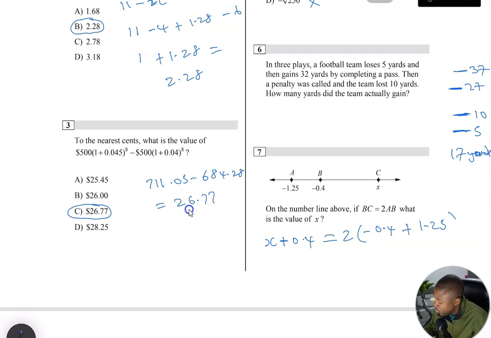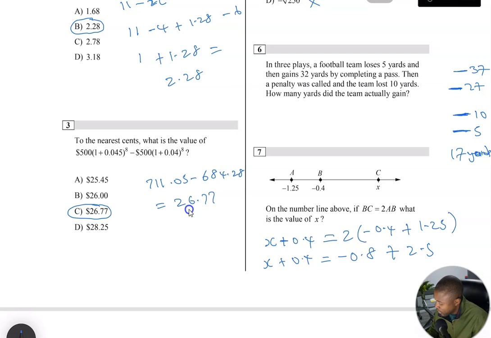Why did I get 1.25? I got 1.25 because minus minus is plus. So minus 0.4 plus 1.25. So this is X plus 0.4 equals minus 0.8 plus 2.5.